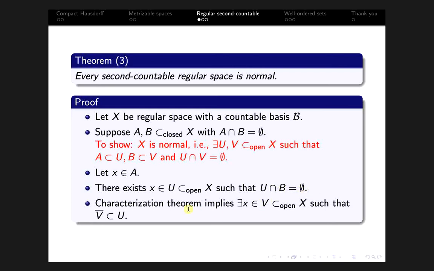For this open set U in X containing x, there exists some smaller open set V containing x such that the closure of V is contained in U. So here we apply a characterization theorem for regular spaces, which implies there exists some smaller open set V containing x such that V closure is contained in U.